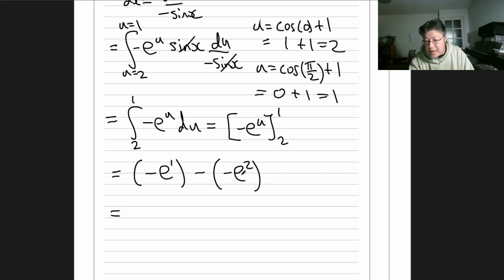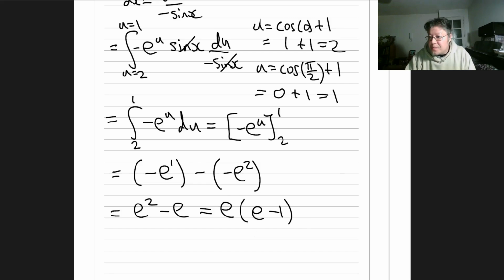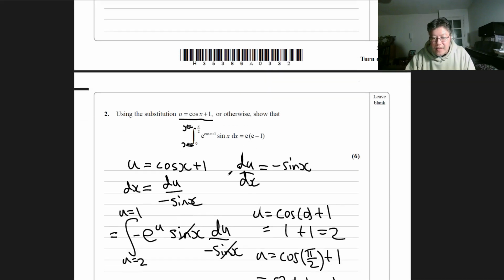So minus minus is a positive, so that's positive e squared minus e, and then we can factorize that. So you can pull out the e, bracket e minus 1, and that should be the answer. And there it is.